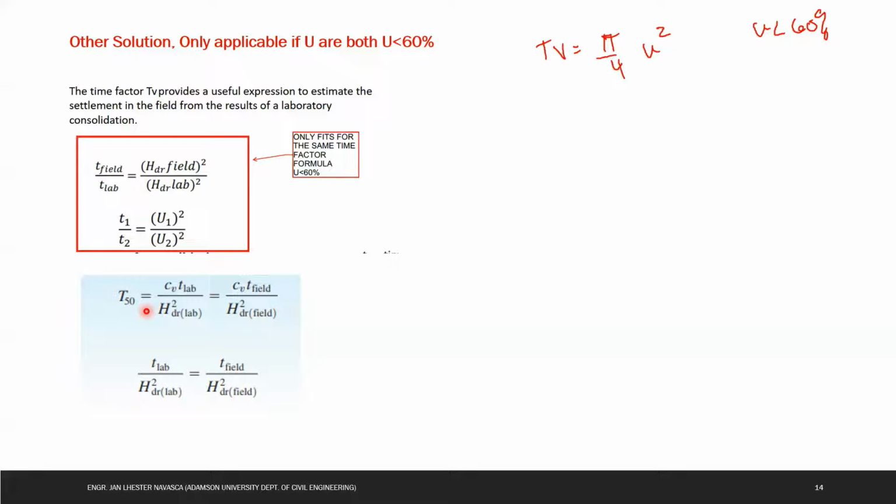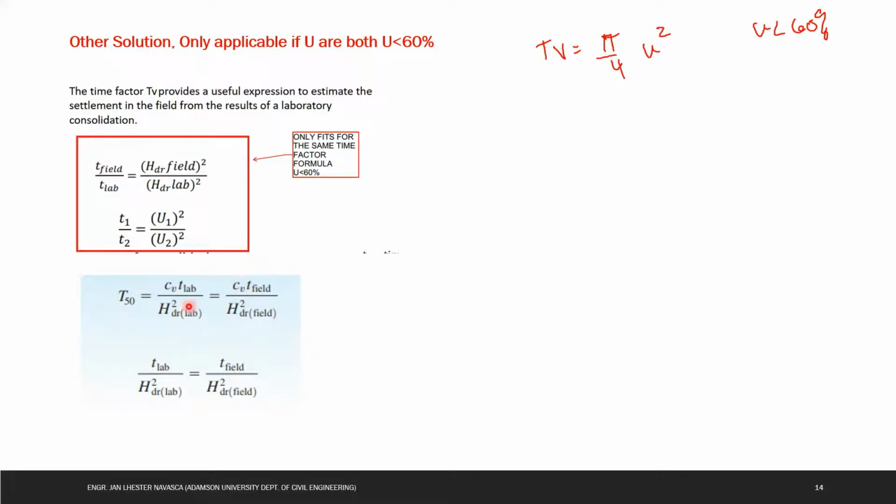By problem B, the time it takes for 50% is simply C sub V times the time it takes in the laboratory over the height of drainage in laboratory setup squared, which also equals C sub V times the time it takes in the field at that specific degree of consolidation over the height of drainage in the field squared.